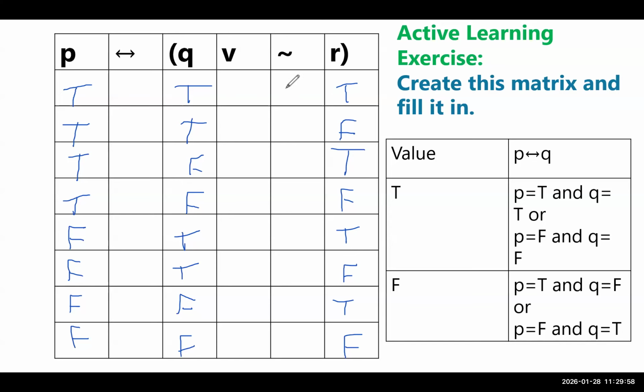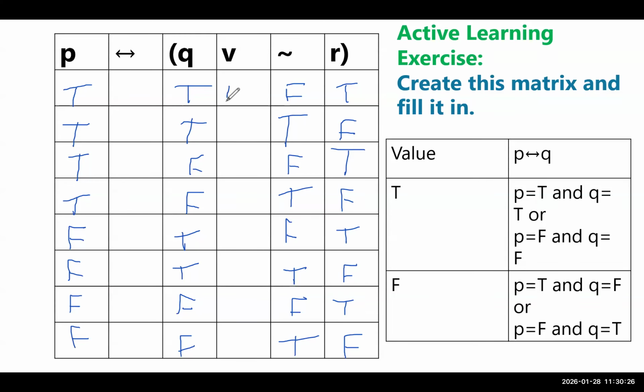And that helps me double check and make sure that I've done the correct amount. Next, I'm going to fill in the negated R. So we're just going to do our false true pattern all the way down. There we go. So now we're going to do our minor operator, our OR, and this is operating between the Q and the negated R. So this column here with the negation.